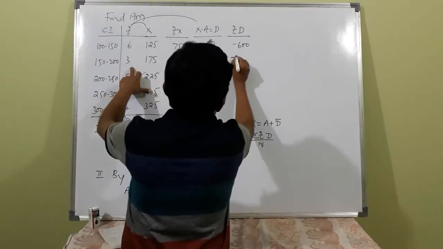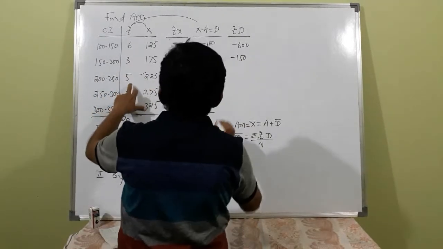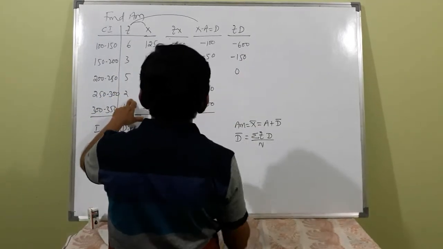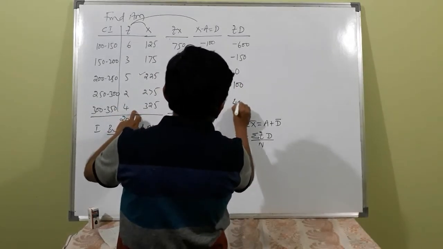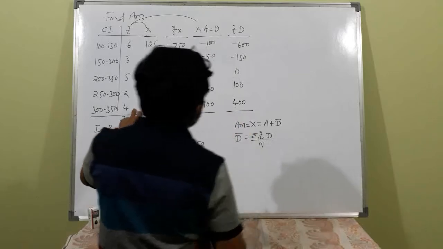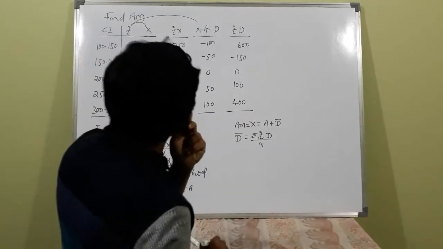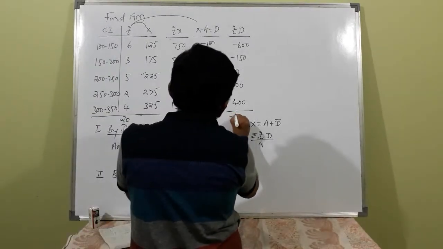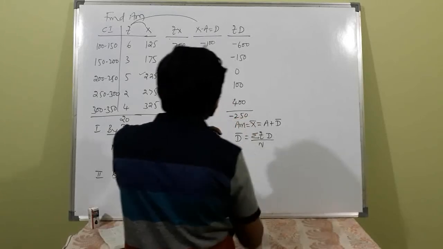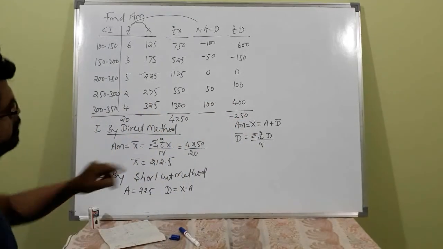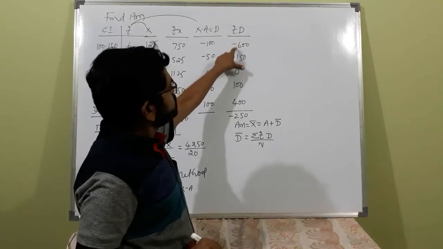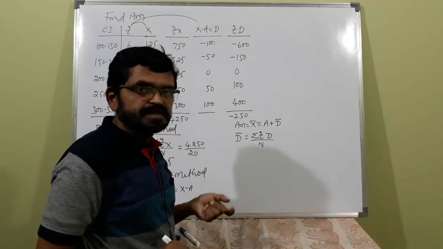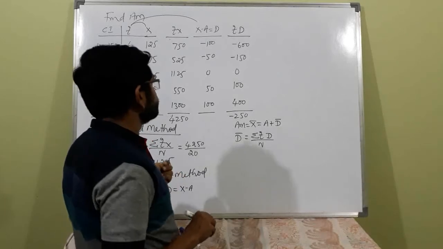Minus 150. 0, 100, 400, 500 minus 250 it is. Okay, because this is plus 500, minus 100 remains, minus 100 plus minus 150, minus 250.